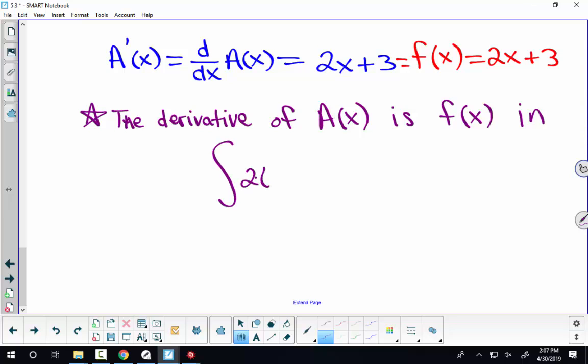This was our 2t plus 3 in this integral. This was our f of x, or sorry, our f of t. So basically the derivative of the area function gave us that function back, right? Just in terms of x.